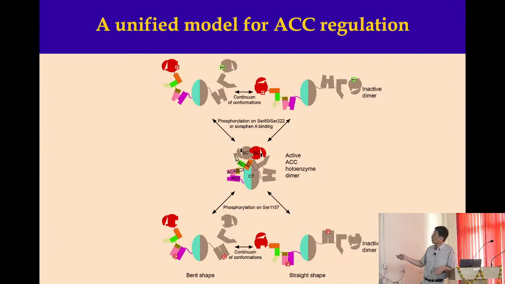The BC dimer falls apart, and either sulfon A or phosphorylation at the N-terminal end of the BC stabilizes the monomer form. So you have essentially the inactive form. So in the EM image, in the presence of sulfon A or phosphorylation, you see these states. And in the presence of citrate with nothing else, you see this state. So that's essentially how phosphorylation and sulfon A regulate the conformational dynamics of this enzyme, going from the active state to the inactive state.